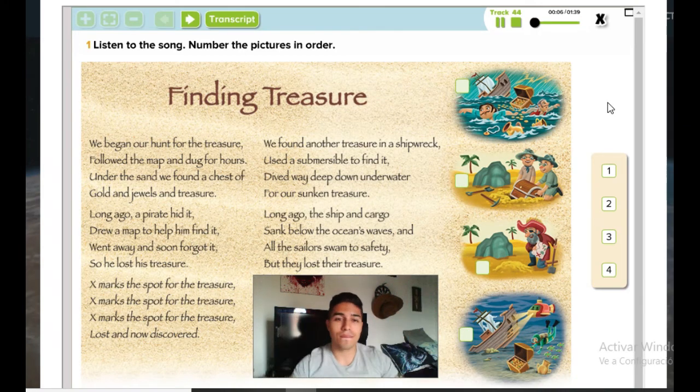We began our hunt for the treasure, followed the map and dug for hours. Under the sand we found the chest of gold and jewels and treasure. Long ago a pirate hid it, drew a map to help him find it, went away and soon forgot it, so he lost his treasure. X marks the spot for the treasure, lost and now discovered.